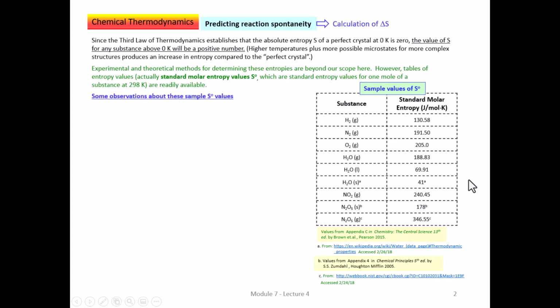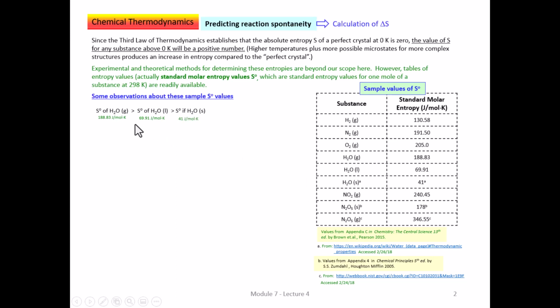So let's look at some observations about these entropy values. The table lists the entropy of water in the gas form, water in the liquid form, and water in the solid form, ice. It's about 188 for the gas form, around 70 for the liquid form, and around 41 for the solid form.